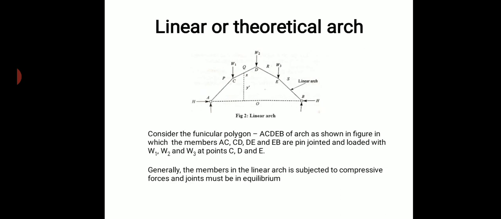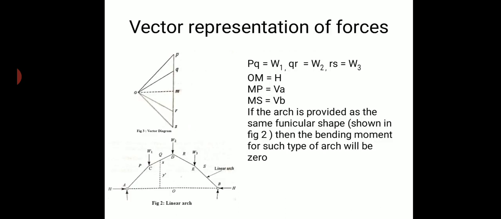If I had taken the actual arch in the shape of the theoretical arch itself, then the bending moments would match each other, and therefore the actual bending moment would be equal to 0. Therefore I have taken the actual arch as a shape other than that of the theoretical or linear arch.